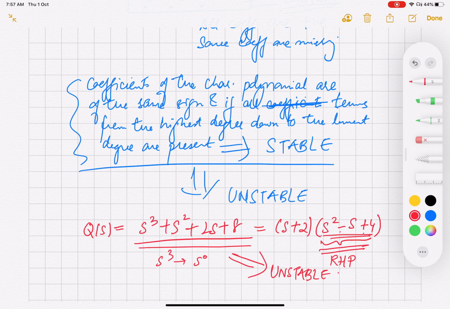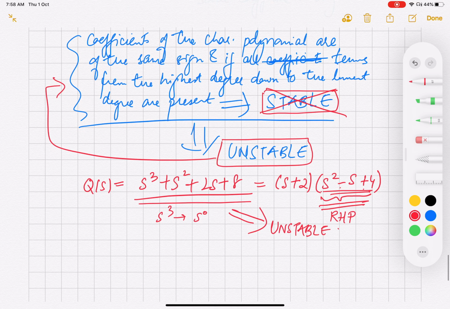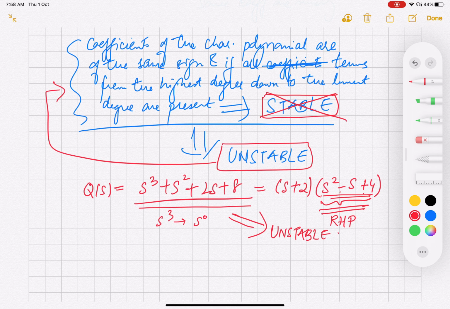So that means we can only draw a conclusion about the system being unstable if this condition is violated. We are not certain about whether the system is stable if this condition is satisfied. But in case this condition is violated, that is, you see the coefficients of the characteristic polynomial not being of the same sign, or you see any coefficient missing, you can conclude that the system is unstable, right?